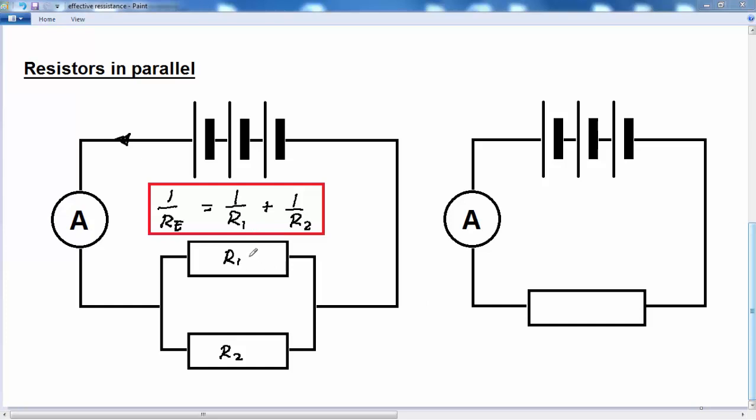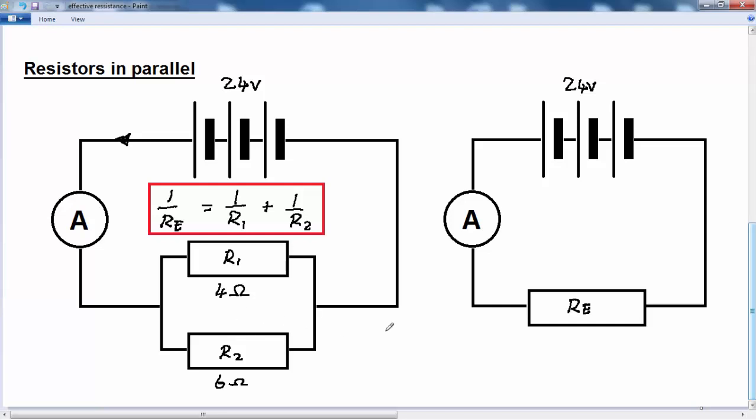So what we've done here is replace R1 and R2 in parallel with this single effective resistance, RE. Now we can calculate the current flowing around this circuit through this ammeter. To understand this a little better, let's plug some numbers in. R1 has a resistance of 4 ohms, R2 has a resistance of 6 ohms, and we'll use our 24 volt battery again.